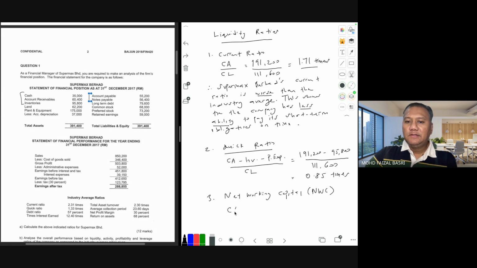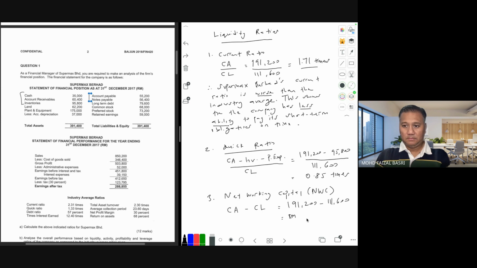Still using current assets and current liabilities, except we subtract. The current assets are 191,200 minus 111,600, so it's 79,600 ringgit. This is the absolute amount of liquidity.